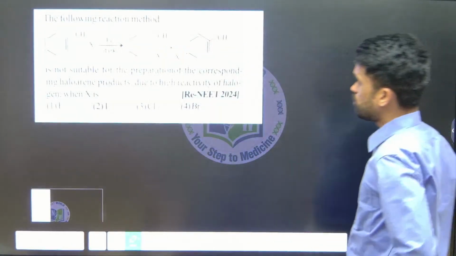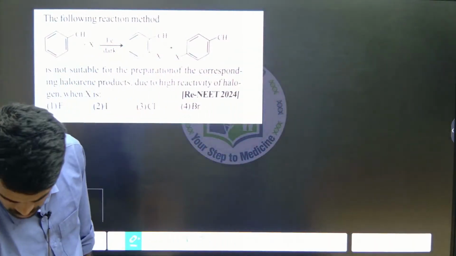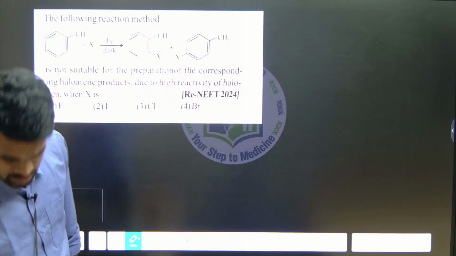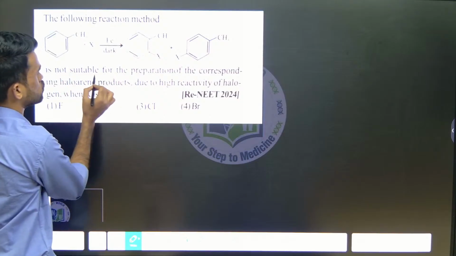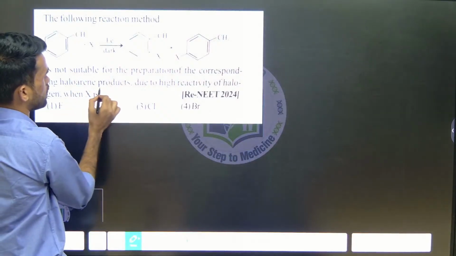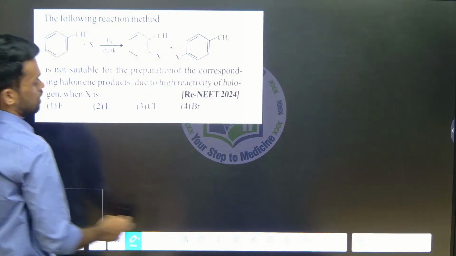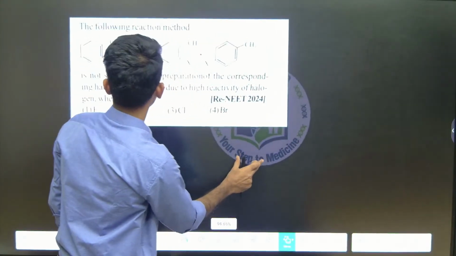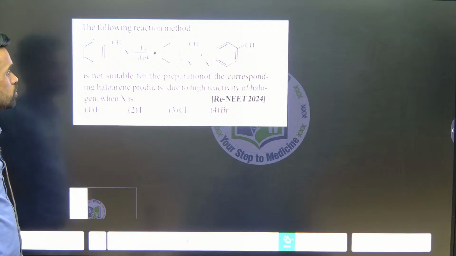Now if you look at this, tell me what will be the answer for this? What is your answer? See, the following reaction method is not suitable for preparation of the corresponding haloarene product due to high reactivity of halogen when X is... This method is not possible for preparation of the corresponding haloarene product due to its high reactivity.